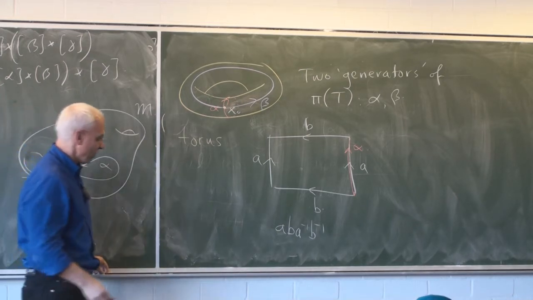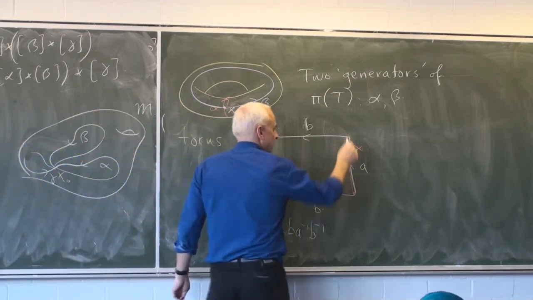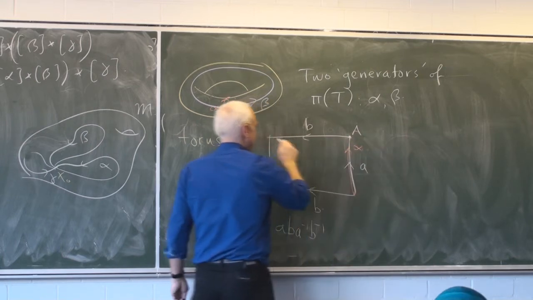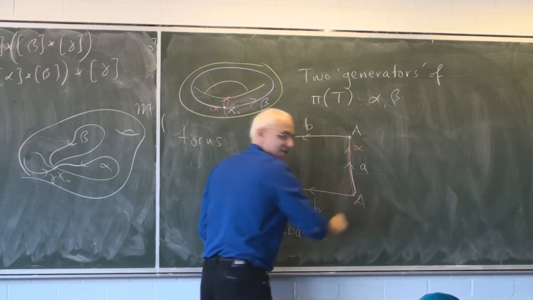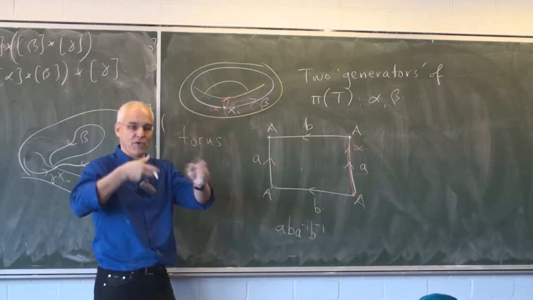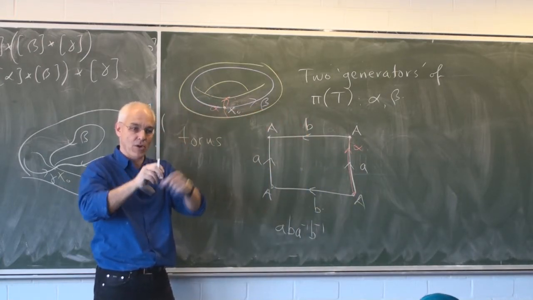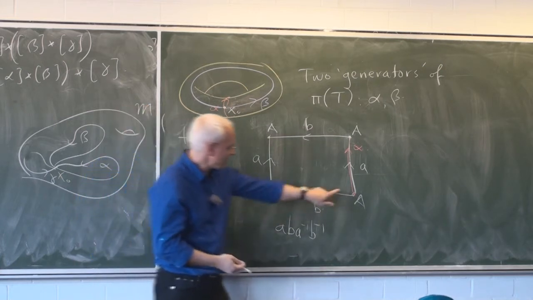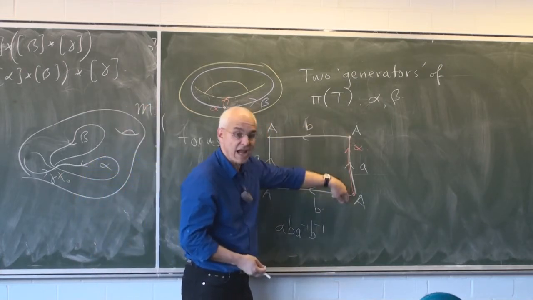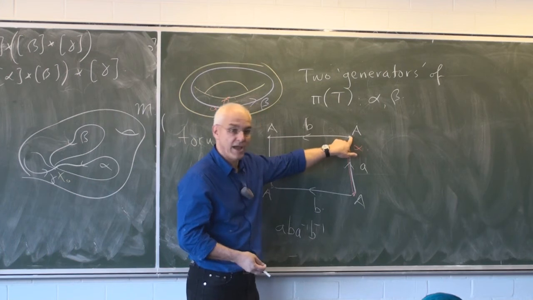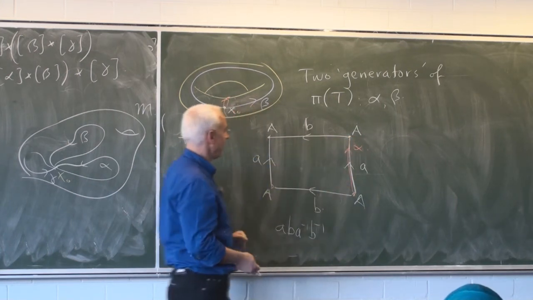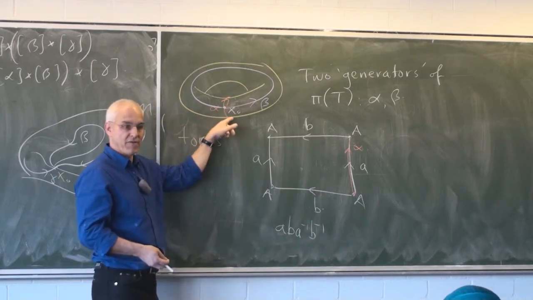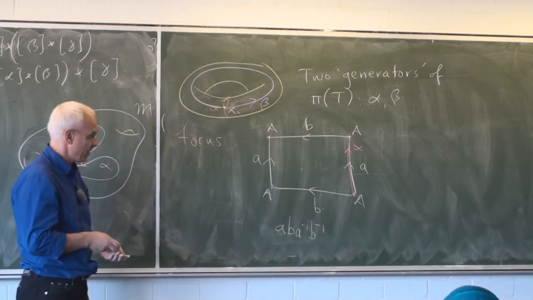And it may not look like a closed loop, but you have to remember that this vertex, say we call it A, ended up being identified with this vertex and this vertex and this vertex. When you glue them together, all those 4 points coalesce. So this thing here, which doesn't look like a loop, in fact actually is a loop because it starts out from A and it ends at A. That's exactly the path or the loop alpha that I drew up there.